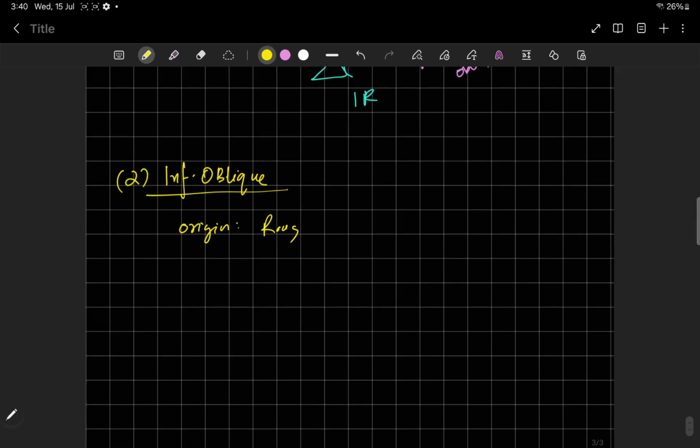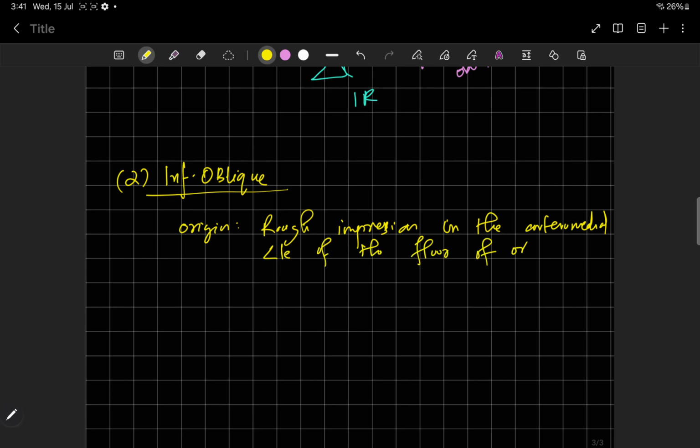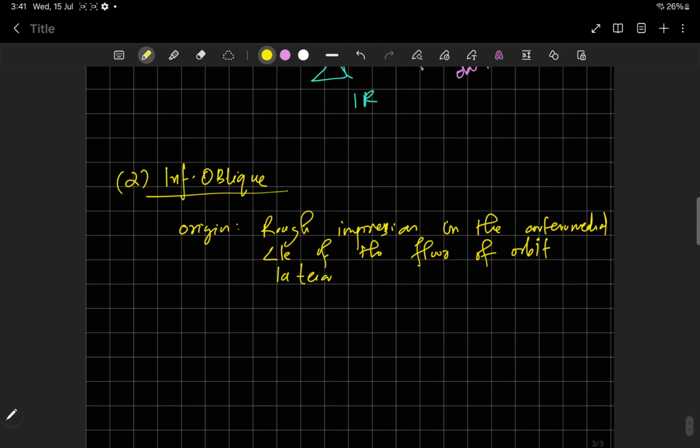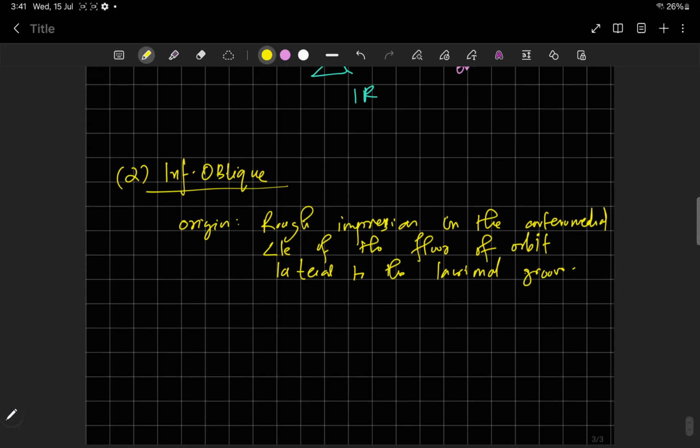No diagram can represent this. So it is originating from a rough impression in the anteromedial angle of the floor of orbit, lateral to the lacrimal groove.